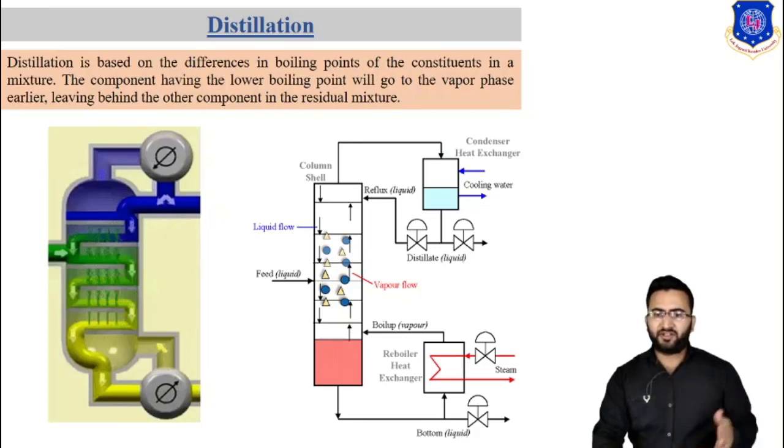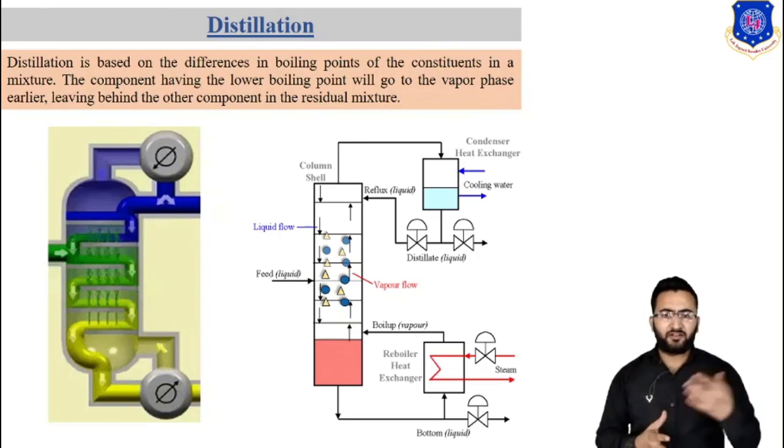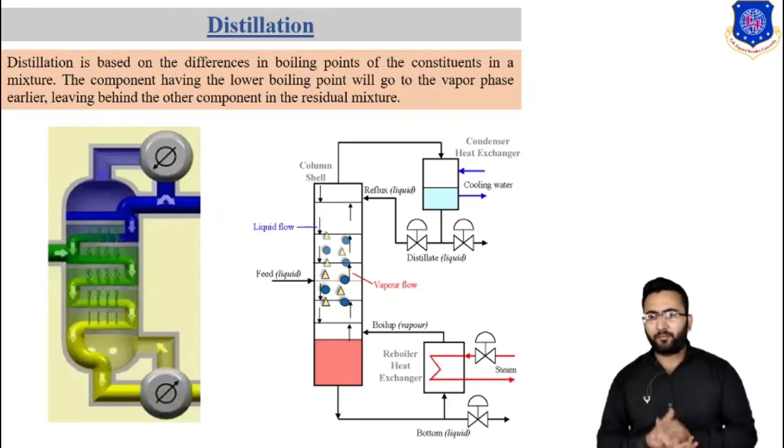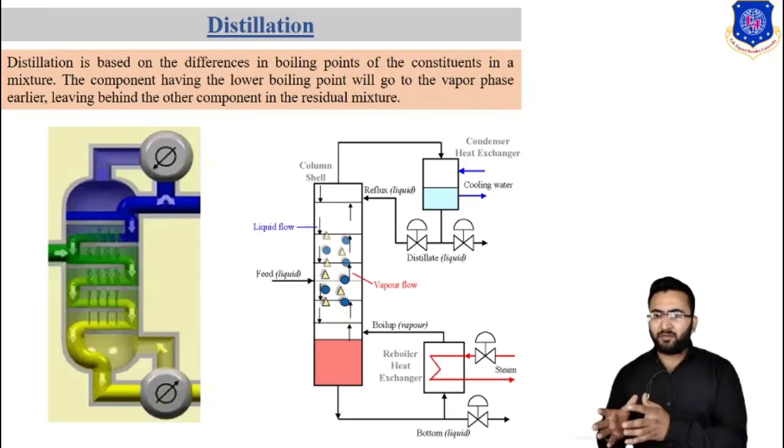In another process, a part of the condensed stream from the top is recycled down to the column. This is known as reflux. In this case, there is an intimate mixing of the liquid stream coming down and the vapor going up.